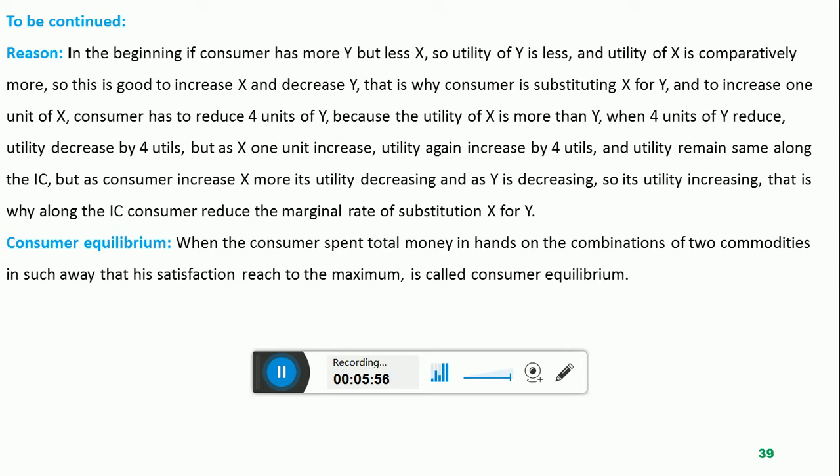That is why he is replacing pizza with Pepsi, and the rate of substitution is 4 pizzas for 1 Pepsi. But in the second combination, to change from B to C, the football player reduced this rate of substitution from 4 to 3.